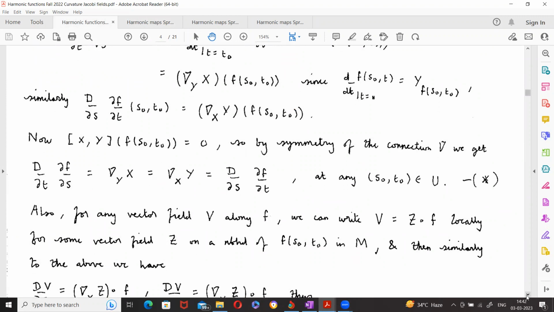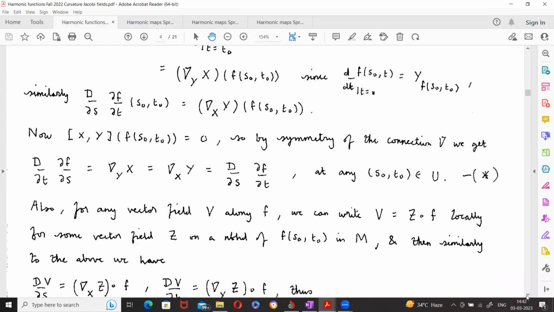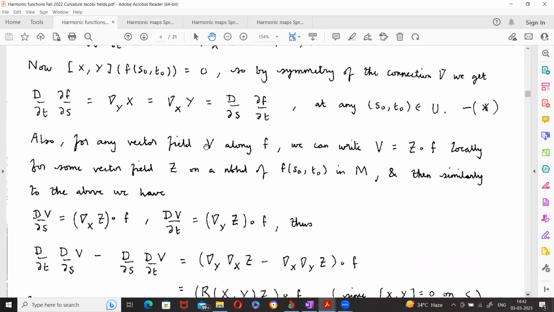And now similarly, if we have any vector field V along f, right, then again, because f is an embedding, we can think of the vector field V as a vector field on the submanifold and then extend that locally to a neighborhood in M.